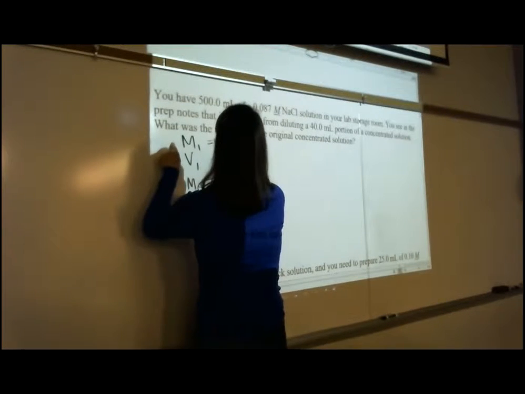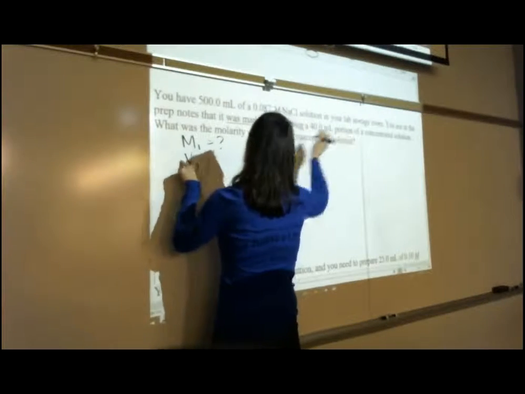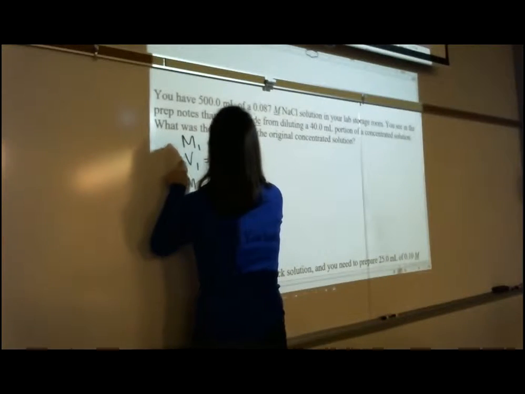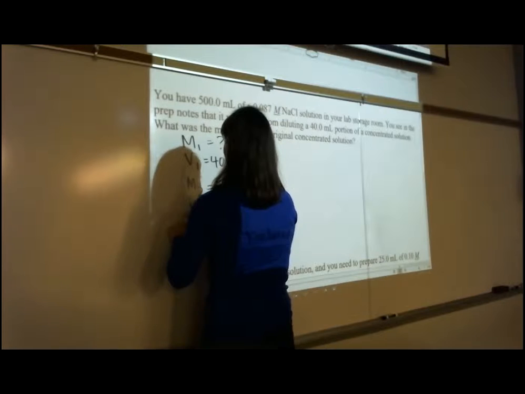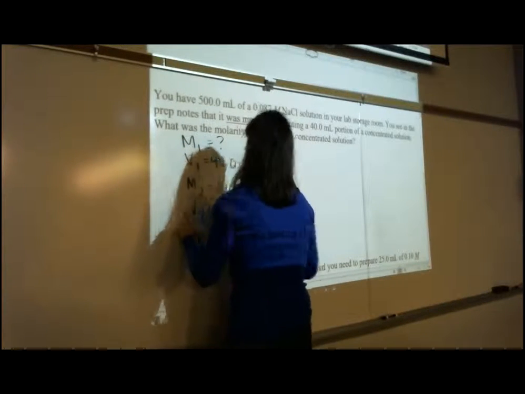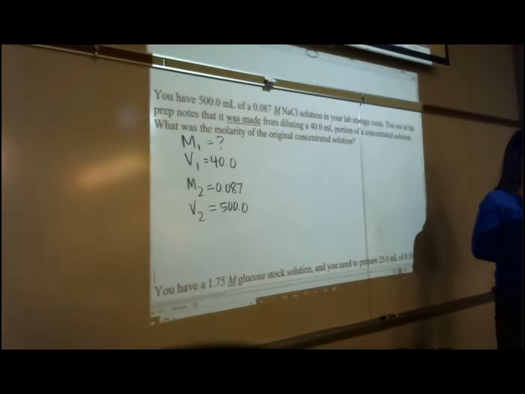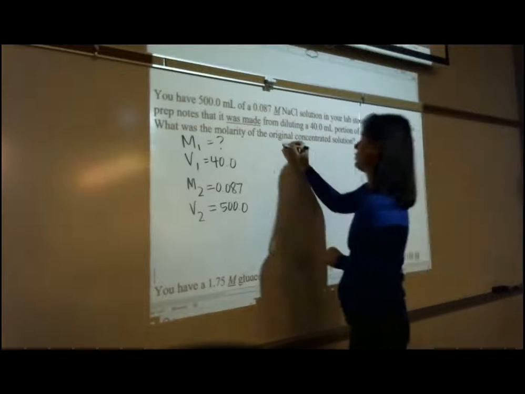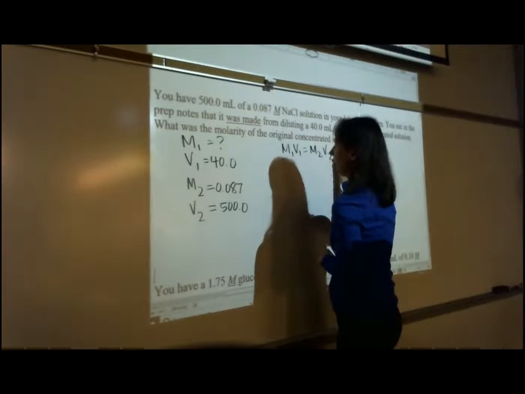So M1, that's what we're looking for. V1, from diluting a 40 milliliter portion, so that's what this 40 comes from. M2 is 0.087. V2 is 500. Do we agree in how all the pieces get plugged in here? Yeah. So again, we're just plugging in M1 V1 is equal to M2 V2.